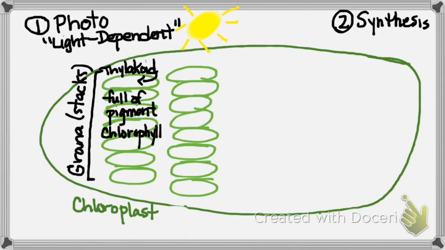So inside your sun, I want you to write the words red and blue, to remind you that it's the red and blue rays of light that are actually being used in this first process, in the photo part. Okay? So now we have our grana, which are a stack of thylakoids. We have our thylakoids there full of chlorophyll.